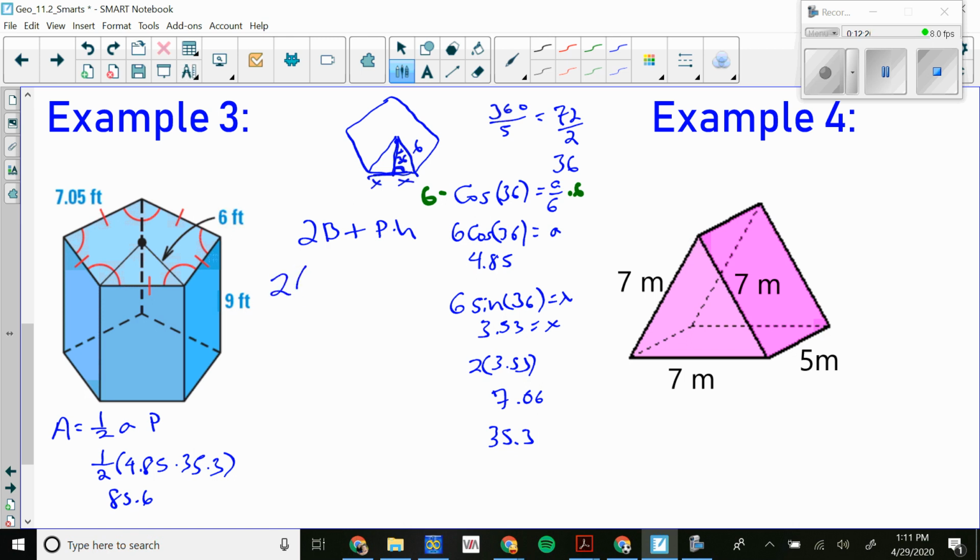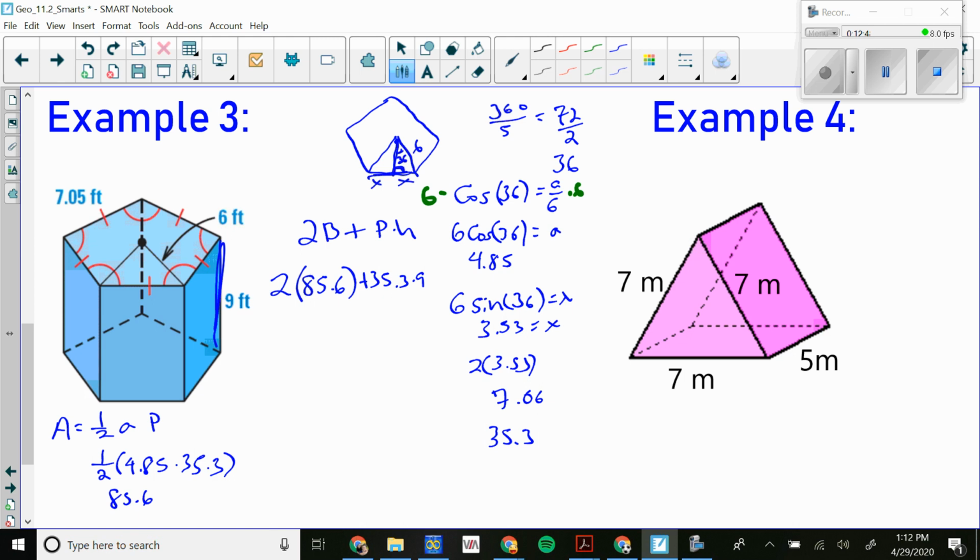So we're going to do 2 times the area of one of those bases, 85.6, plus the perimeter. Again, that's the 35.3 number, and then times the height. In this case, our height is 9. All right.